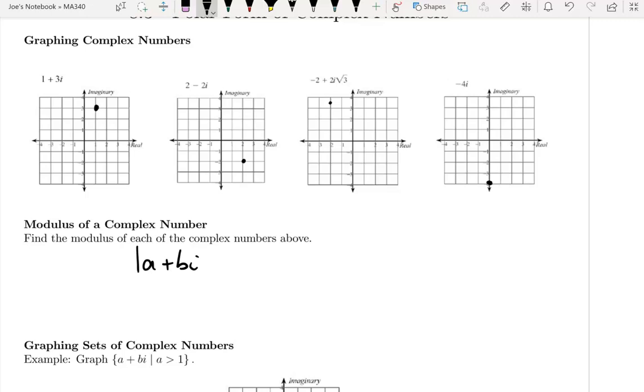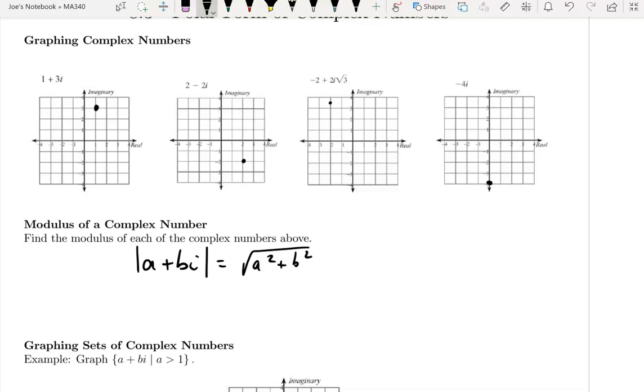We use absolute value bars to represent the modulus of a complex number because absolute value for a real number is distance from the origin. It's distance from 0. So it's a distance idea. Same thing here. This just corresponds to the r value you would have in polar. That's how you calculate modulus.